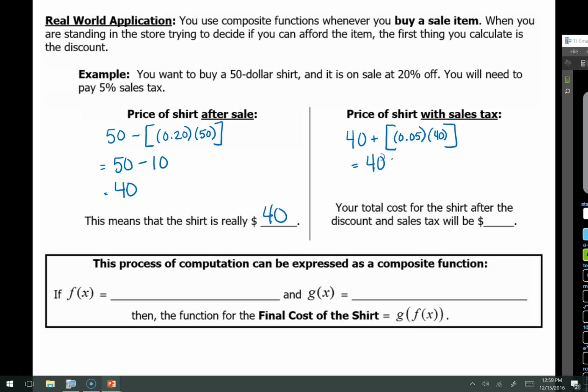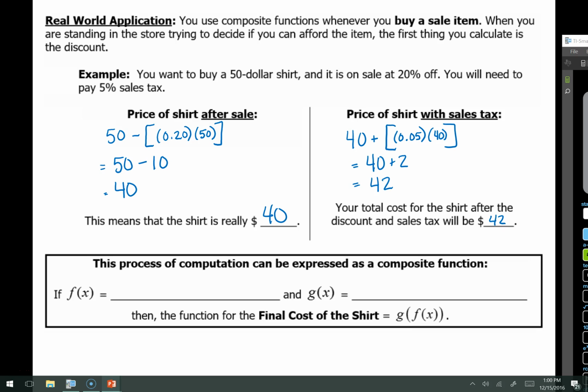So 40 plus 2 means that our shirt in total, after the sale and with sales tax, is going to be $42.